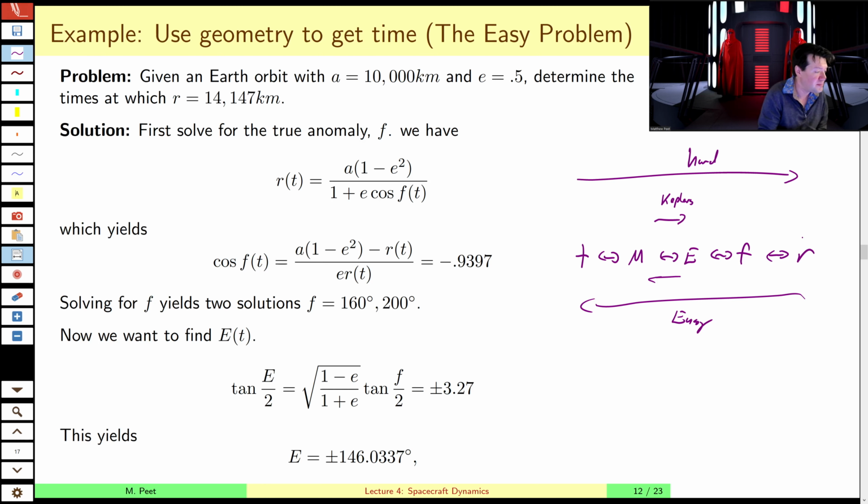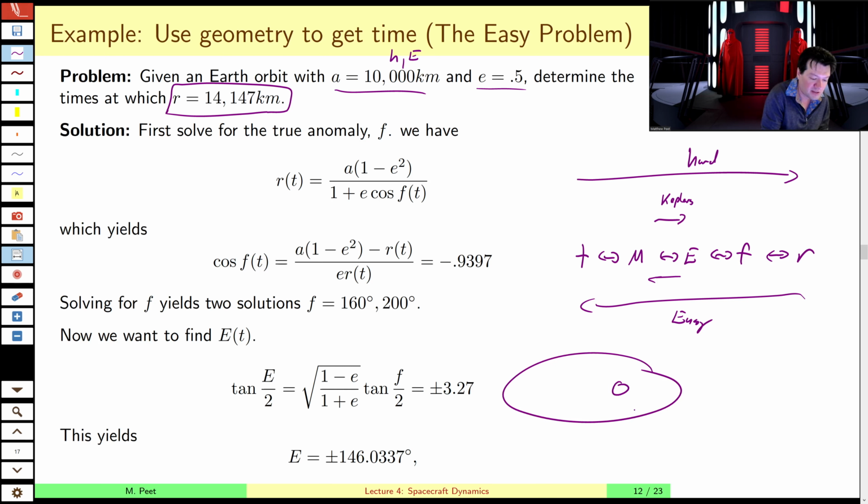So the easy problem is, suppose we observe an orbit around the Earth. A is 10,000. Maybe we got that from our H and our E, found our geometric invariants. And we want to predict the times at which the distance to the Earth will be 14,147 kilometers. For some reason, I'm not sure why I chose that number. So this is the picture right here.